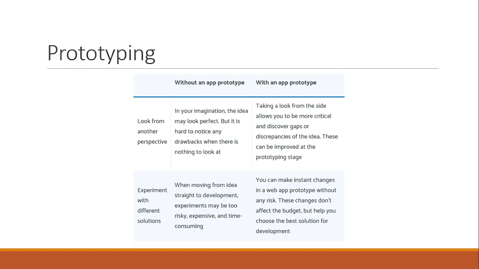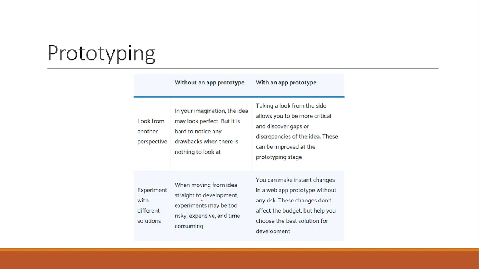The next is we have experiment with different solutions. So when moving from idea stage to development, experiments may be too risky, expensive, and time-consuming. If you experiment with different solutions during development, that will be expensive.